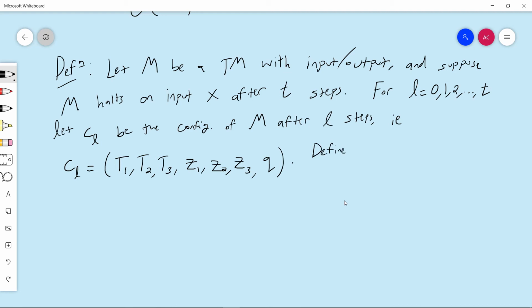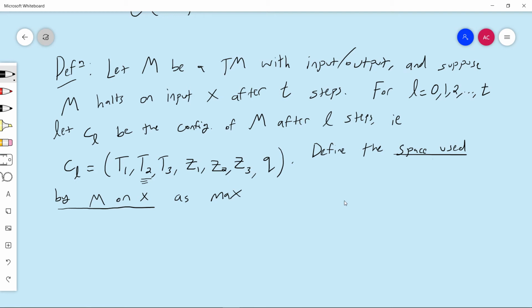Define the space used by M on x as the maximum of this middle work string. The middle string is the one we care about. The tape configurations here and here, we know what these are going to be at all steps. Only T2 is going to change. So we're just going to take the maximum length of this string over the entire computation, for L equals 0 to t, as our amount of space used. So it's the maximum at any point in the computation.